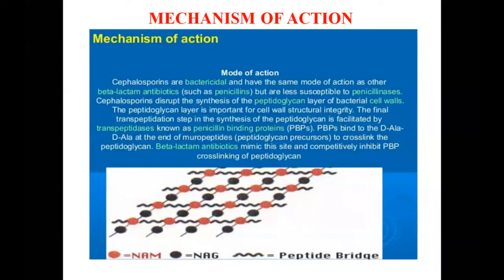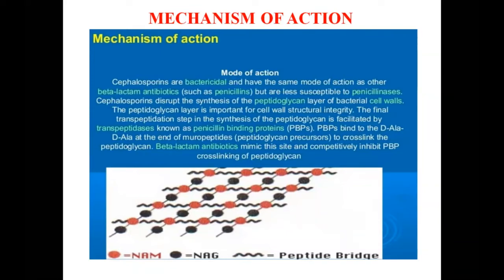transpeptidases. As I told you when I was discussing the mechanism of action of penicillin, what are these transpeptidases? These transpeptidases are actually the enzymes and the related proteins. They are clubbed together, and we know them as penicillin binding proteins. These transpeptidases are the enzymes which are located in the inner membrane.